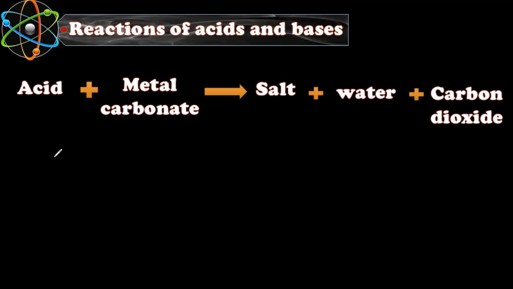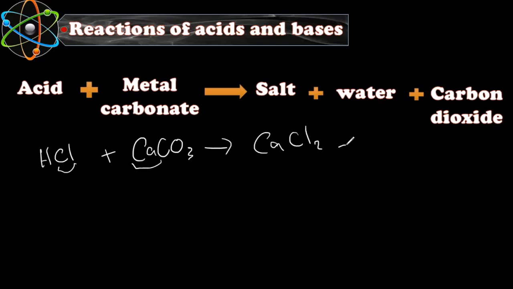So an example here, let's say HCl plus metal carbonate, calcium carbonate. This gives us salt, calcium chloride. Calcium chloride plus H2O plus CO2.